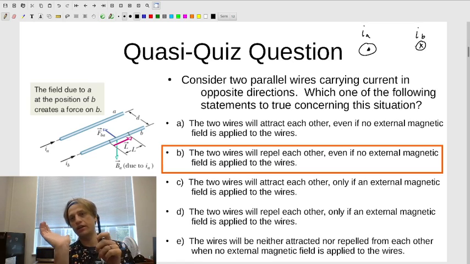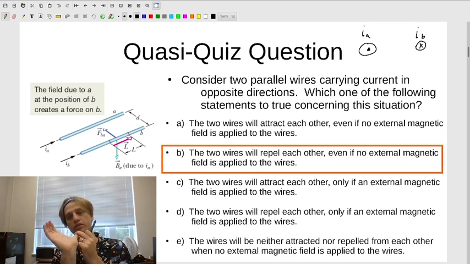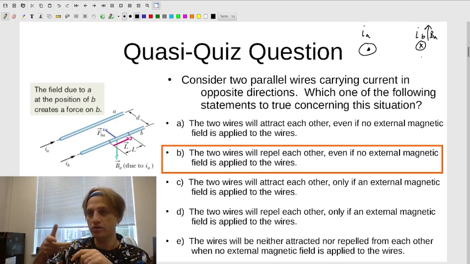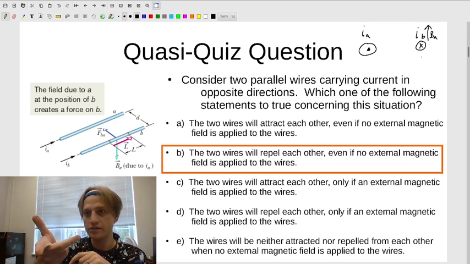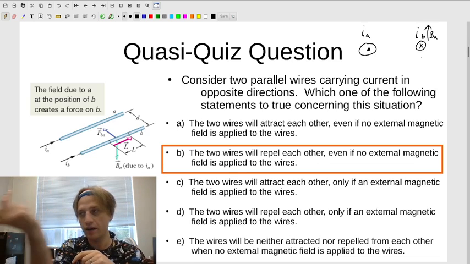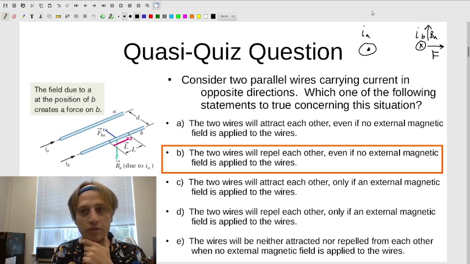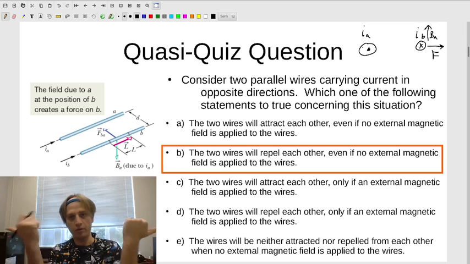And if you use your right-hand rule where we stick our thumb in the direction of the current A and then have our fingers point, we can find that the magnetic field from current A at the position of current B is pointing up, and then we can use our I cross B gives us F to find the direction of the force. So here would be our force on that. And we could do a similar thing over here and find that both of them are pushing each other apart.